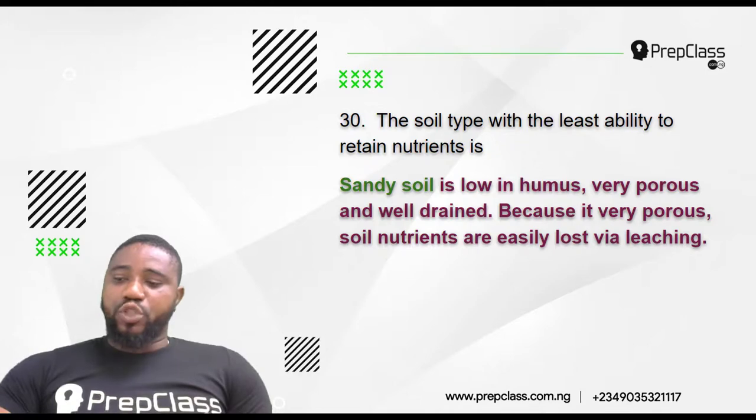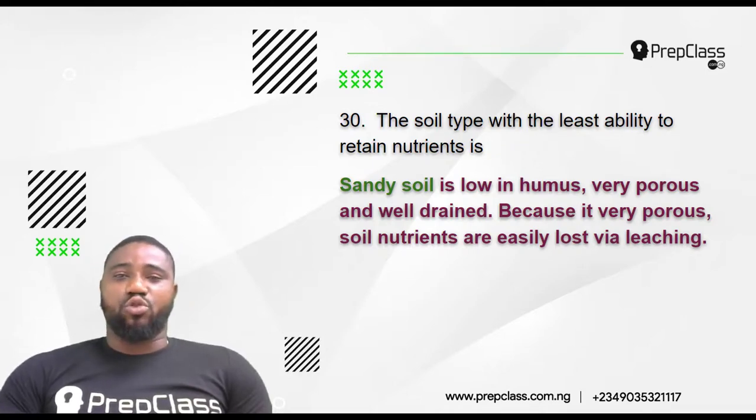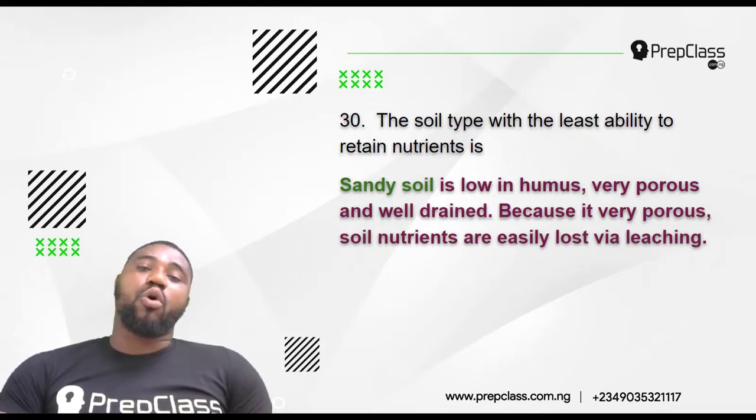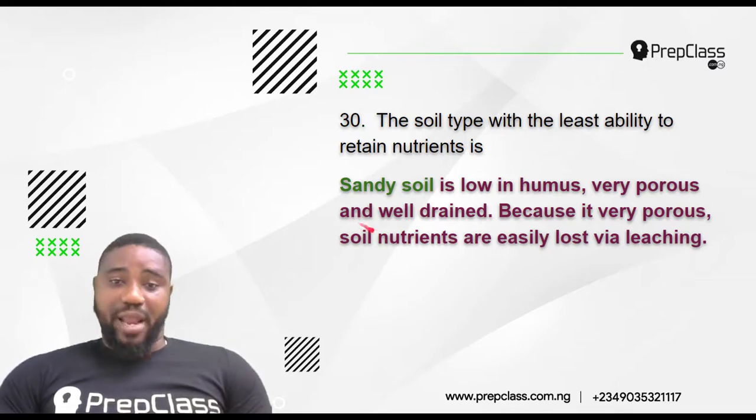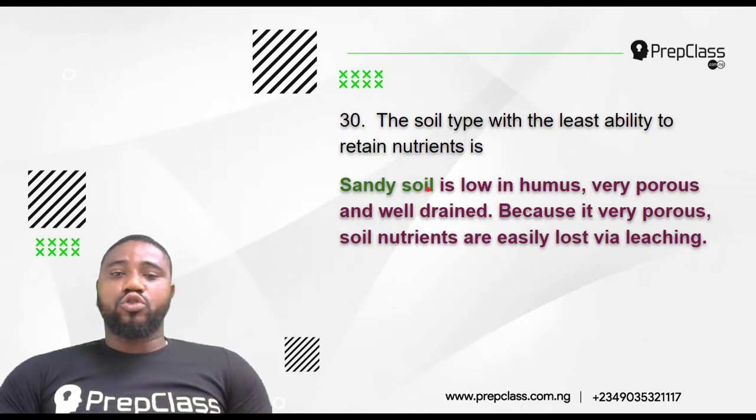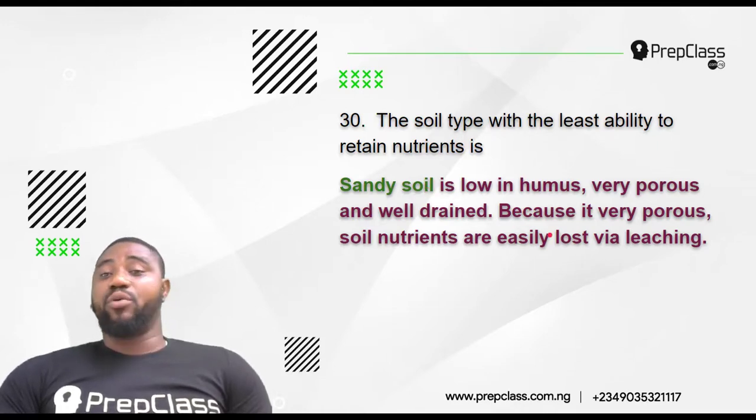Why? Because the water that passes through it due to its porosity causes what we call leaching. Leaching is the process whereby nutrients are washed down the soil profile far away from the roots of plants. So sandy soils are usually prone to leaching because they are very, very porous.